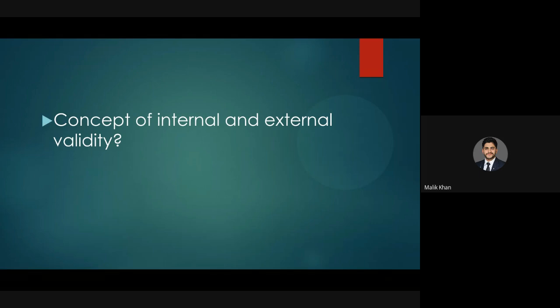So when there is a lot of difference between the age, between the gender, let's say I'm taking 10 males and 90 females, my internal validity is decreasing, because of the description I'm giving to the variables, the age, the gender, the smoking, every single variable that can impact my result.